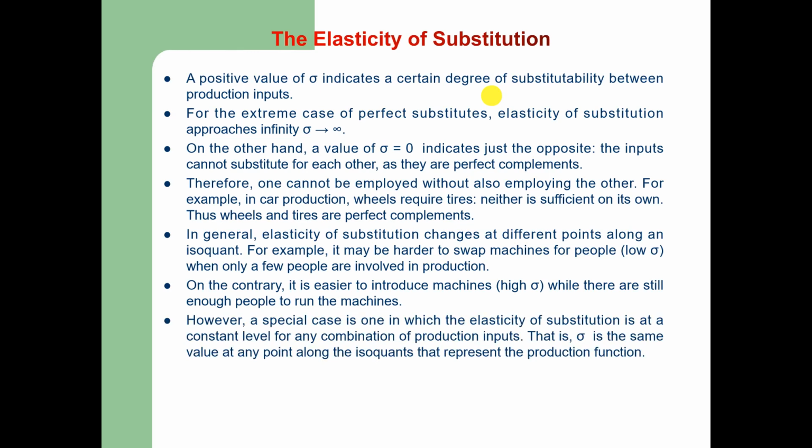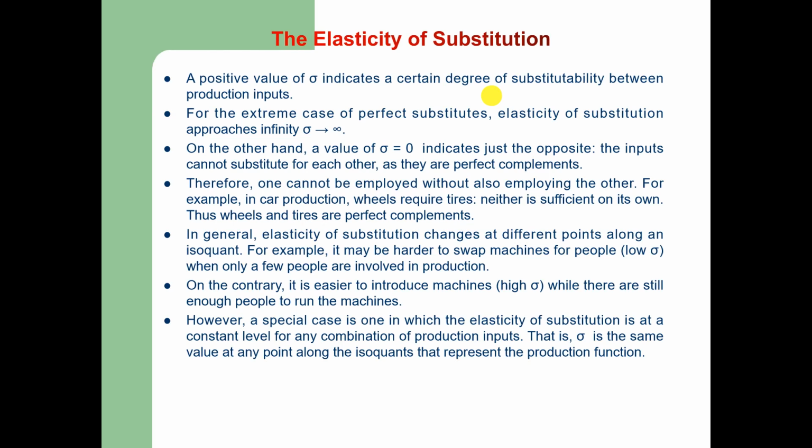However, a special case is the one in which the elasticity of substitution is at a constant level for any combination of production inputs. That is, the elasticity of substitution is the same value at any point along the isoquant that represents the production function.